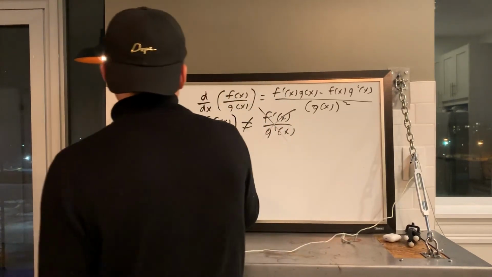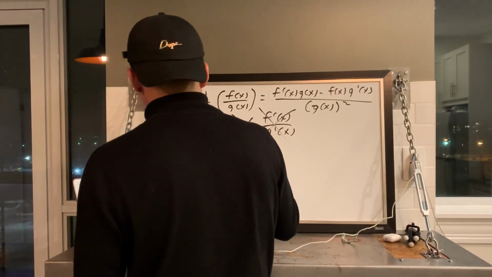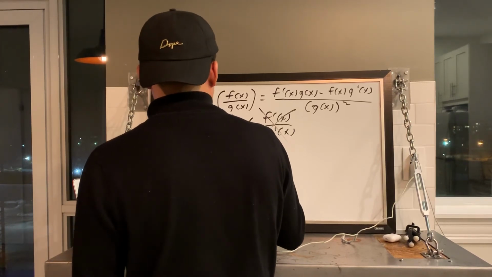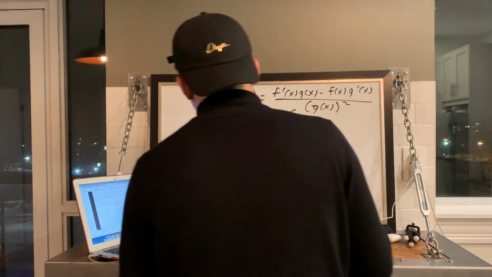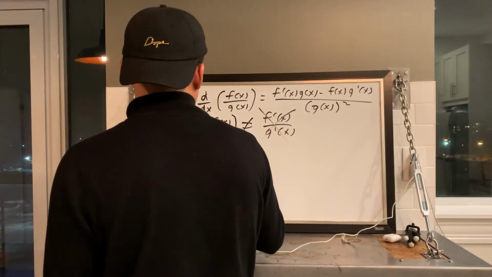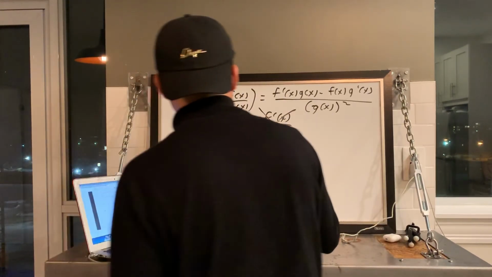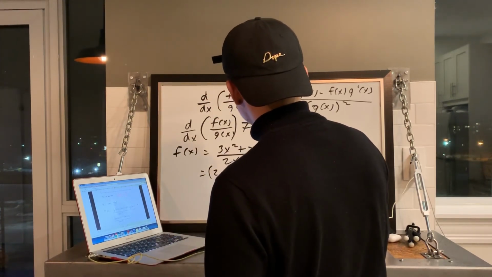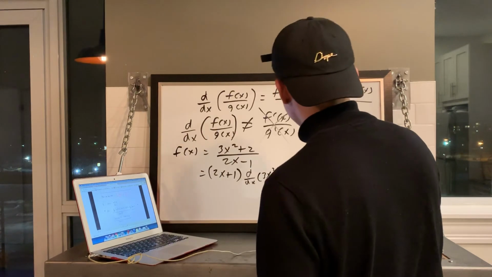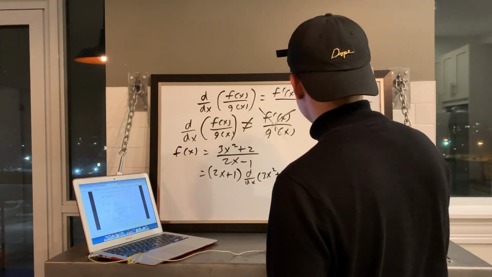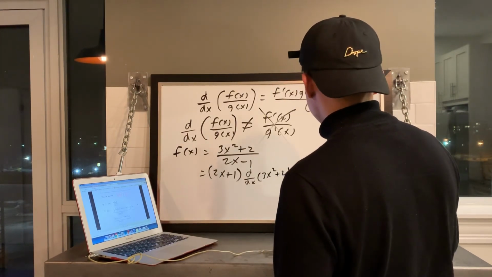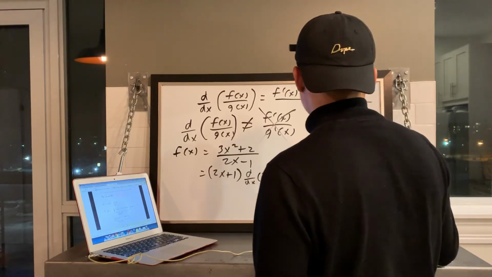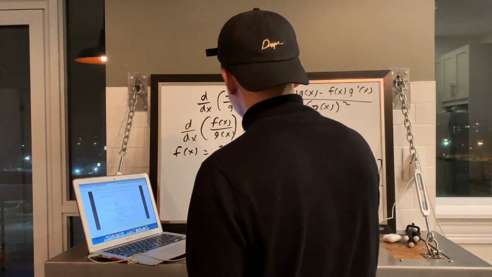So if I had f of x equal to 3x squared plus 2 all over 2x minus 1, use a formula, right? Low d high, well, I guess I'll show my work, minus the high d low, which is, sure, I'll write it out, all over the low squared.